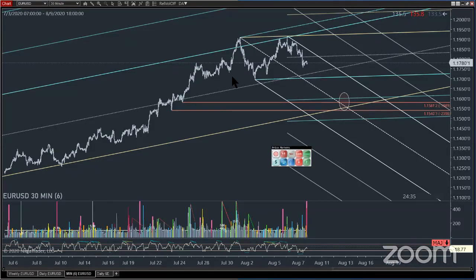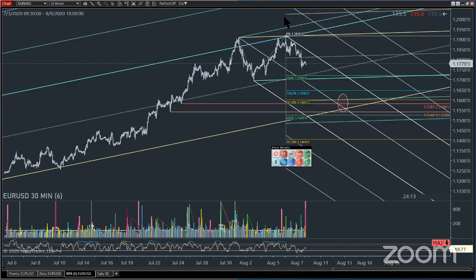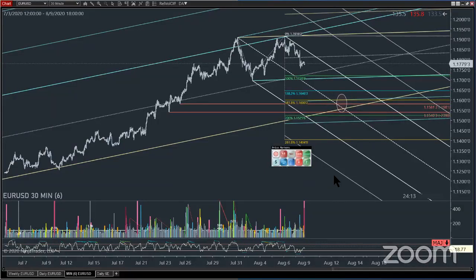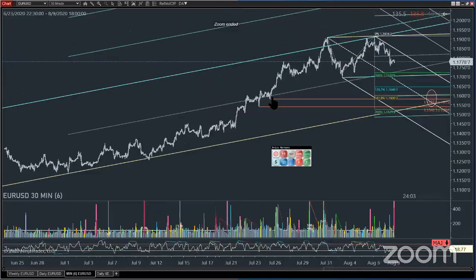And we're working on a C wave down already. Then we're looking at about a 161.8. Yeah, it's right there at 116 even. Okay. All right. Yep, that's about it. I'll leave that 138 too on there just in case.